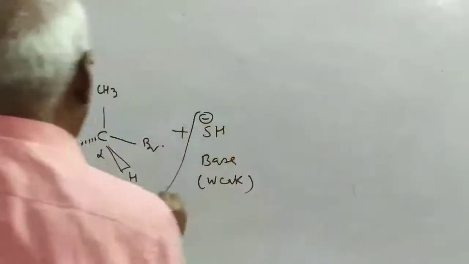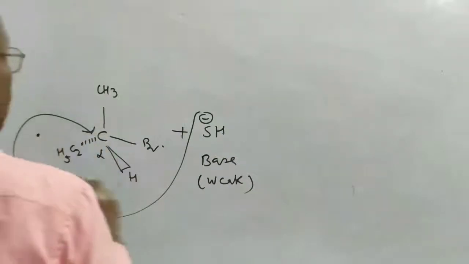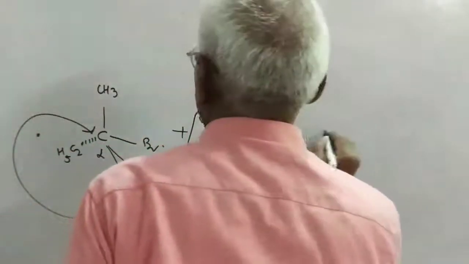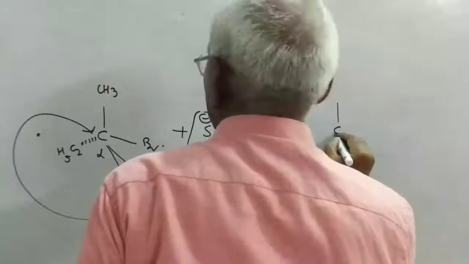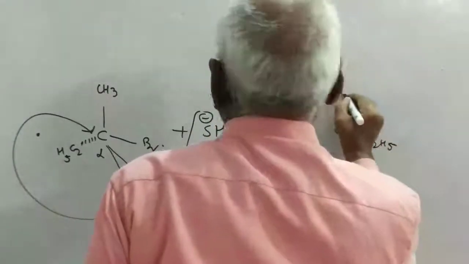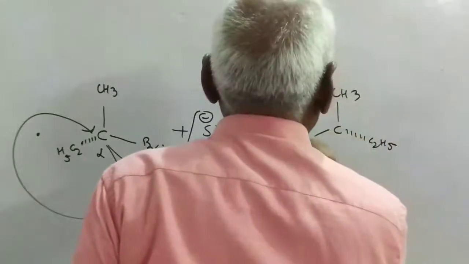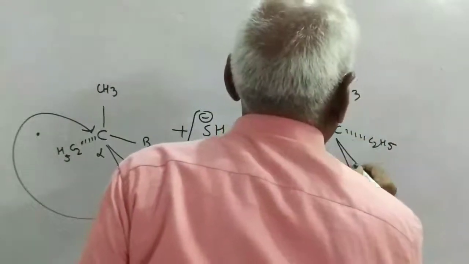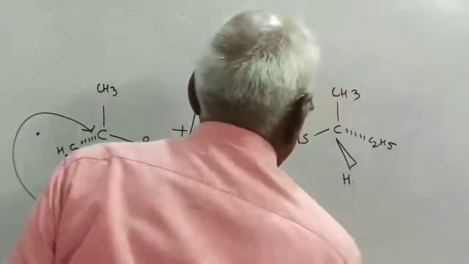It attacks from the backside and produces the optically active product. So it will go there: C2H5, CH3, SH, an optically active compound.